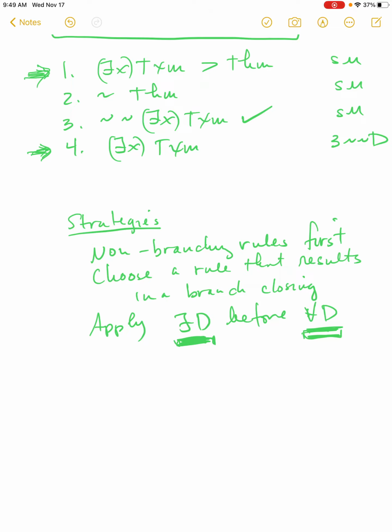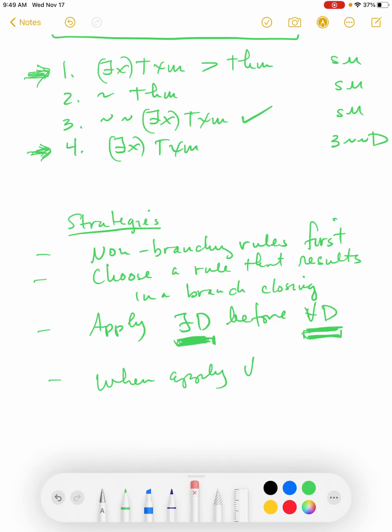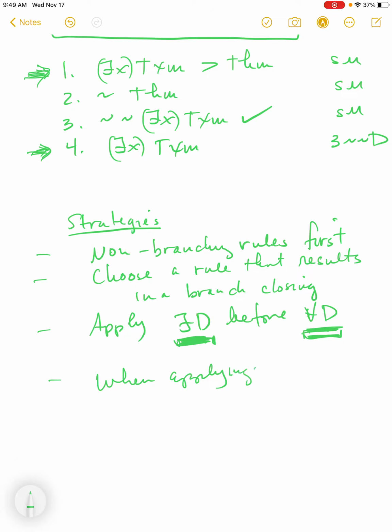And then another strategy that I mentioned in the last lecture is that when applying universal decomposition, there's never a reason to choose a new name. And we talked about why that's the case in the last lecture.